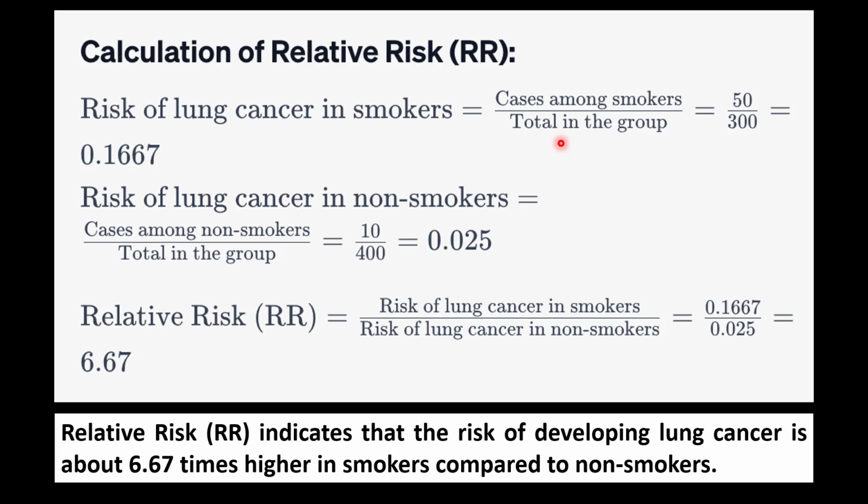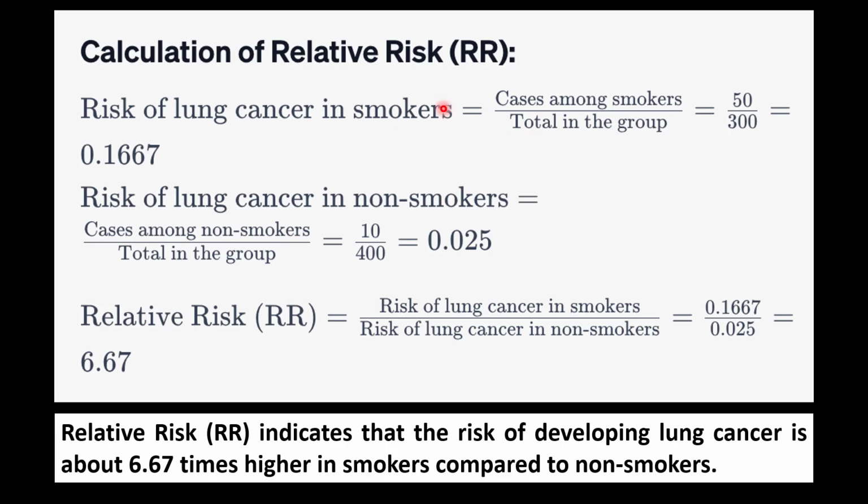And here I will start with the exposure. So I'll take the cases among smokers divided by the total in group of smokers, and the cases among non-smokers divided by the total in group of non-smokers.